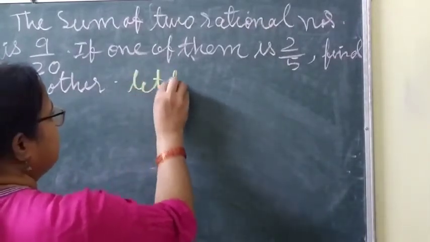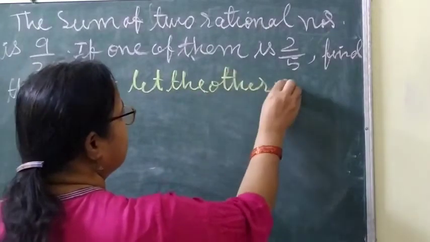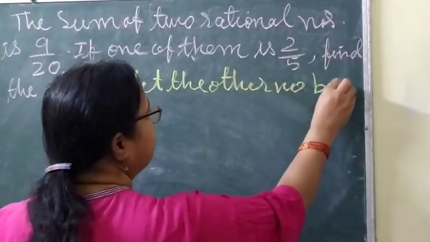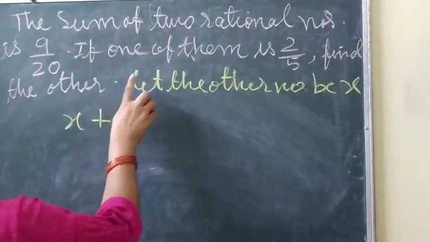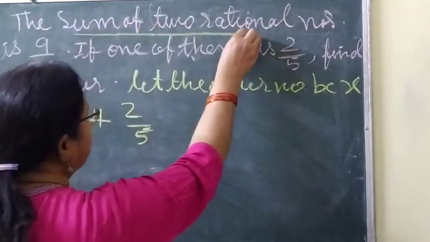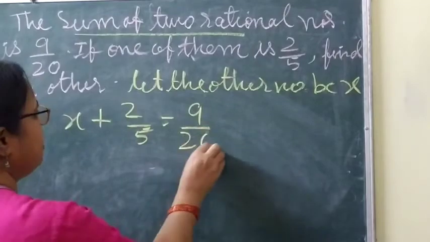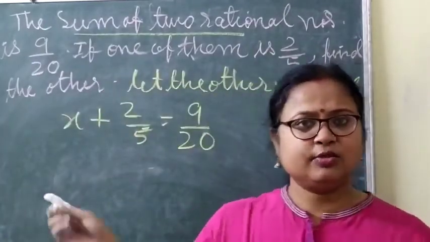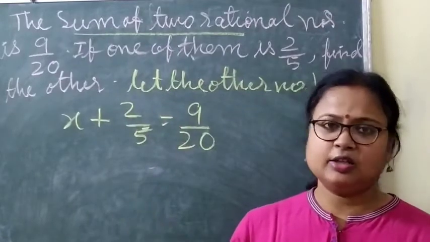Let the other number be x. Okay, so x plus 2/5, because it is given sum of two, so x plus 2/5 is what? 9/20. Like this we can write the equation according to the question. Okay, and then you can solve it.